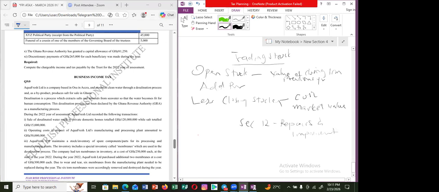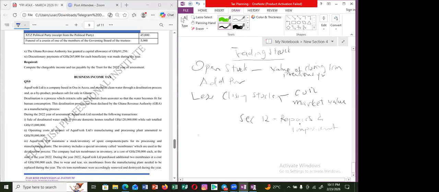So repairs and improvements: you deduct them where they meet section 9 subsection 1. And do you know what section 9 subsection 1 talks about? The when criteria. So you deduct repairs and improvements provided that the expense was incurred wholly, exclusively, or necessarily for the purpose of producing business income.